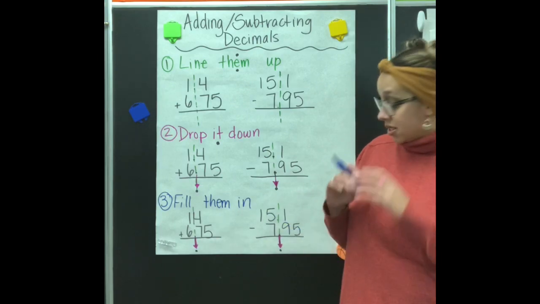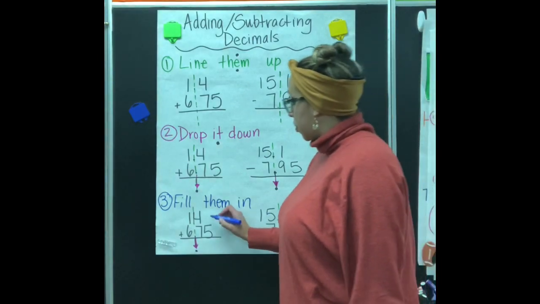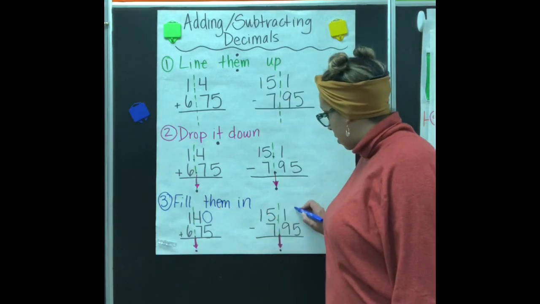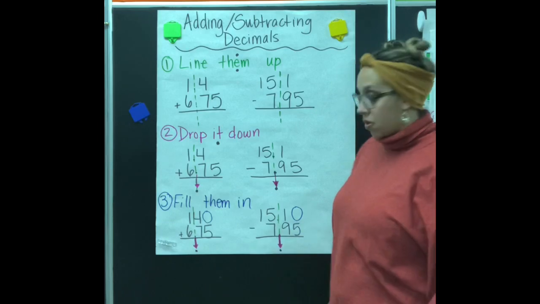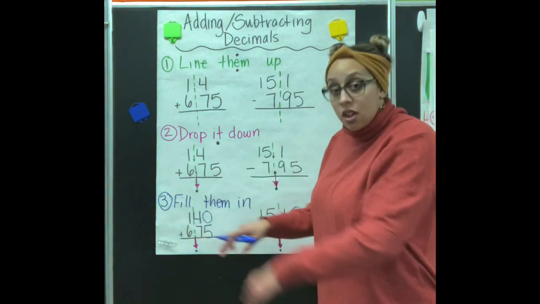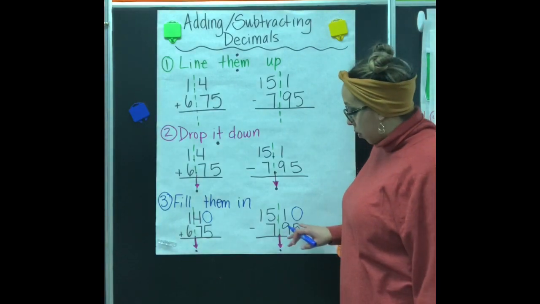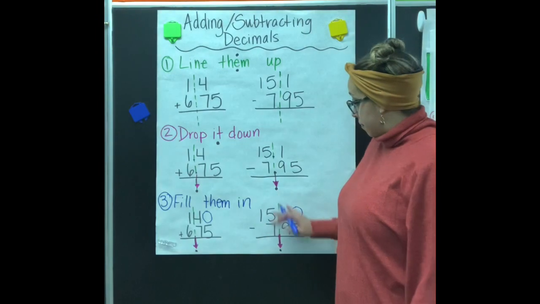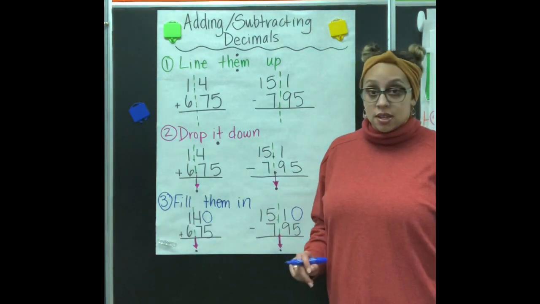It's a 0. So we are going to put zeros where there is no space. Could we put one here? Yes, but there's nothing in front of 7, so we don't have to do that. But we put them in where there's other place values underneath it when we're adding and subtracting.